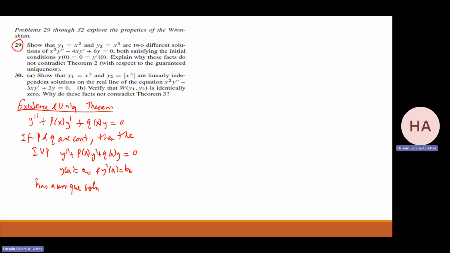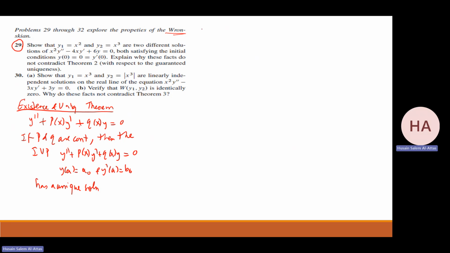But now he's saying it's not the Wronskian. Show that y1 and y2 are two different solutions of this. What about the initial conditions?